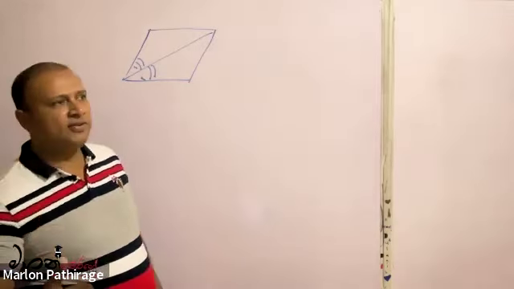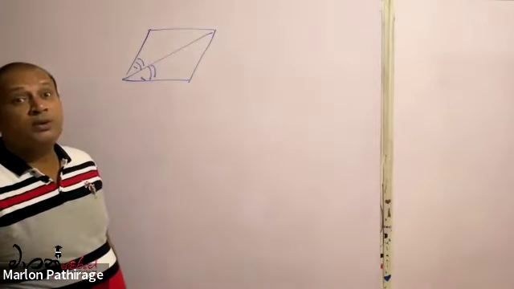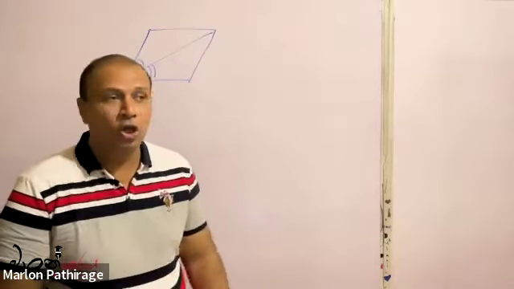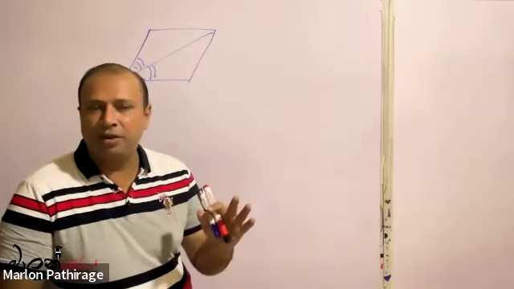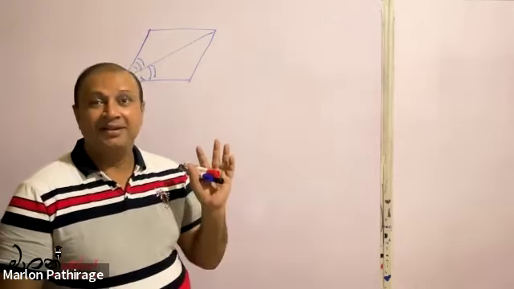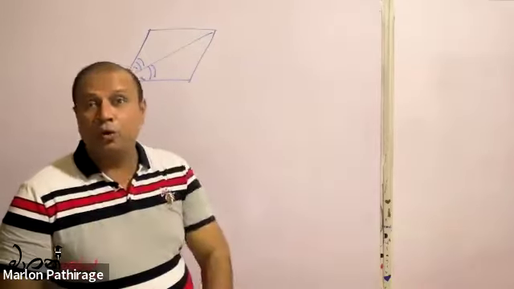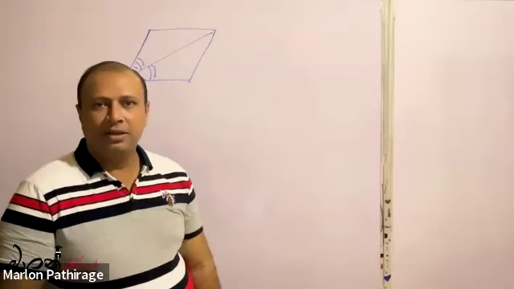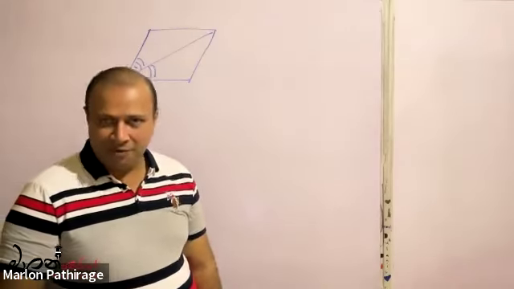But after that, it says the resultant is 20 root 3. 20 root 3 means it cannot be a square, because if it is a square, definitely it should be root 2. Therefore, definitely this should be a rhombus.